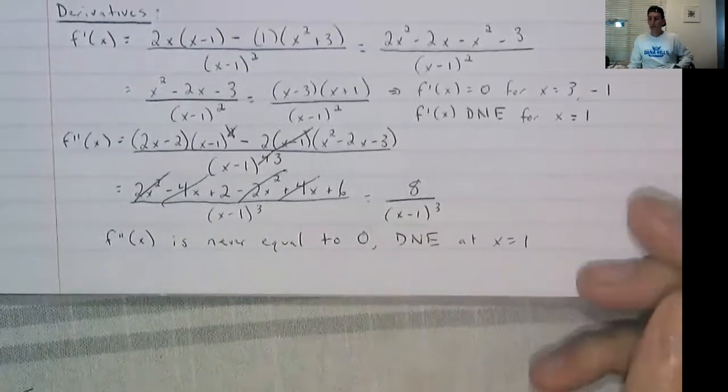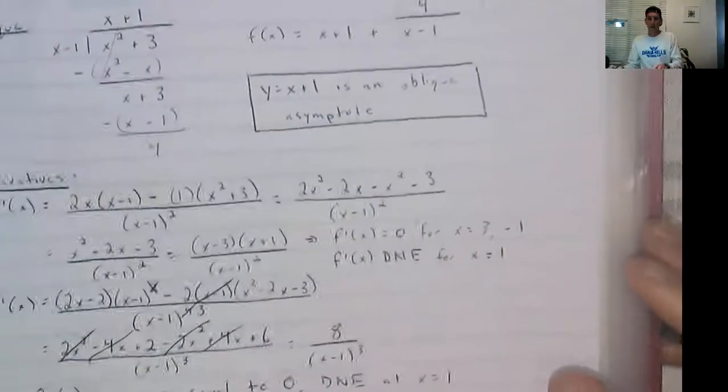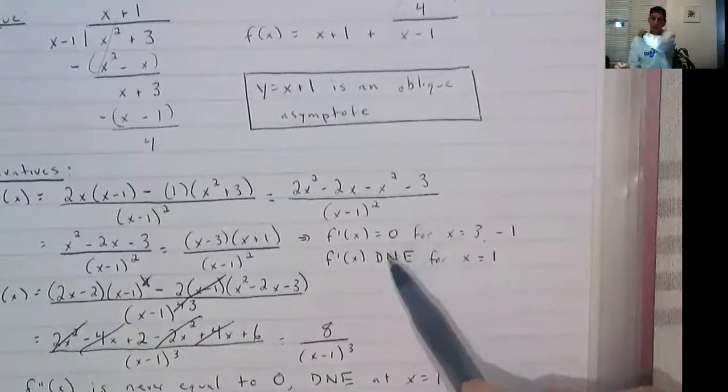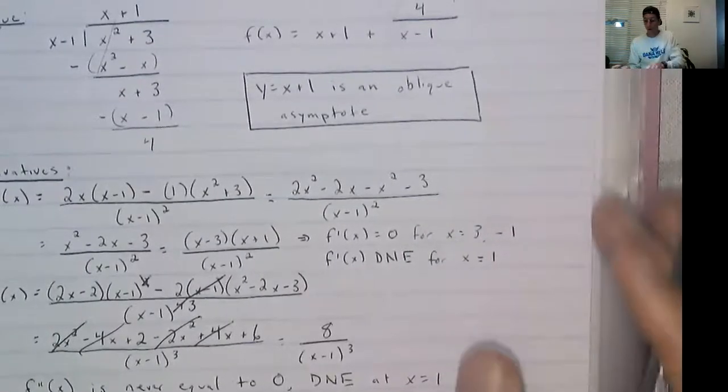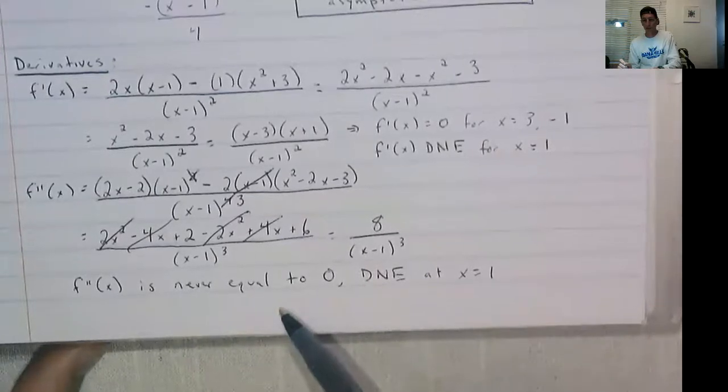Okay. So now we have this information about critical points of our derivatives, and we can go hunting for minimums. What just happened here does indicate that there will be no points of inflection, okay?